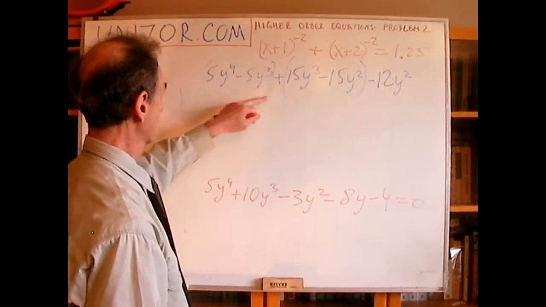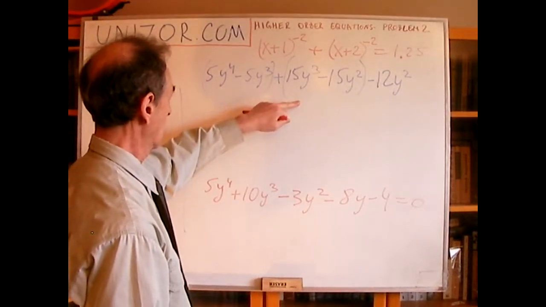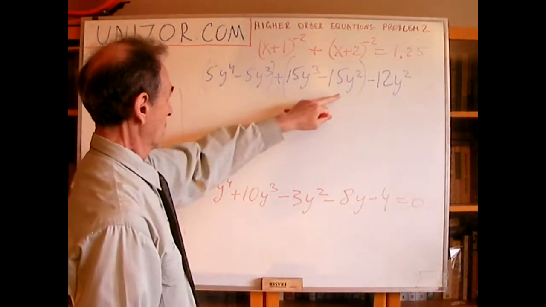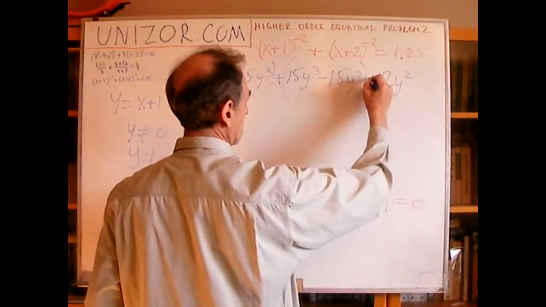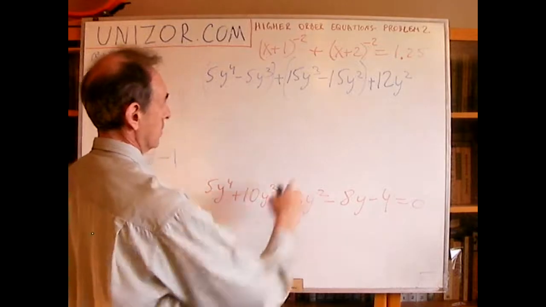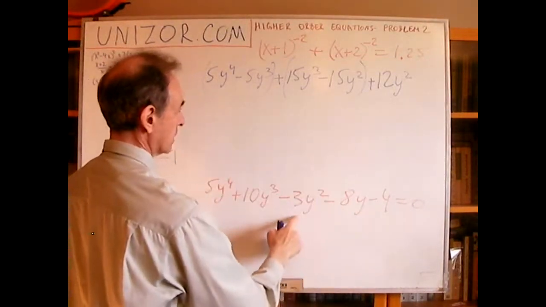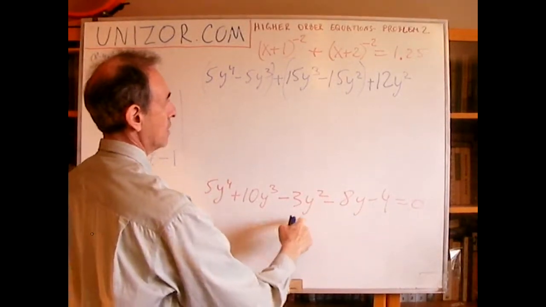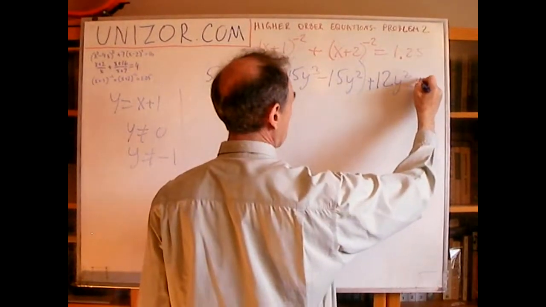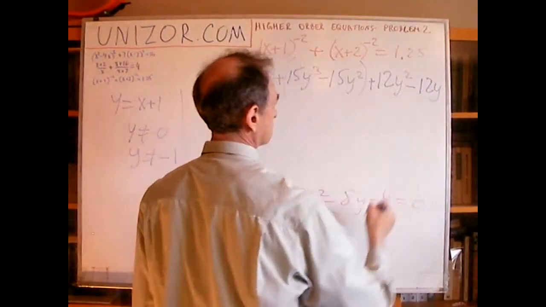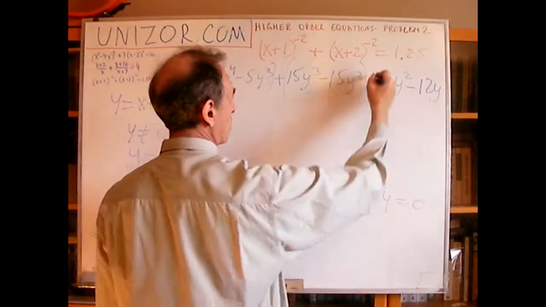Minus 15 plus 12, that gives me minus 3. Now, if I have plus 12, I have to have minus 12y to have y minus 1 from here.